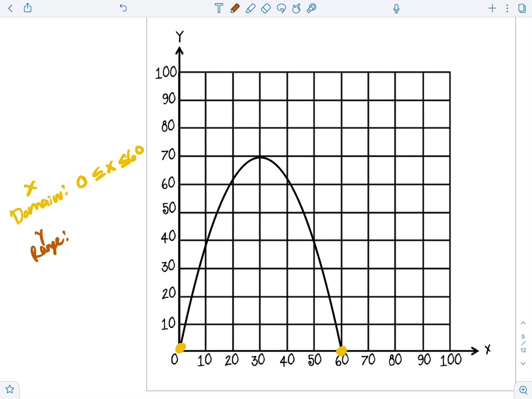Don't forget, we have to start here at the vertex. And since all y values are below this point, we know that we have y that's going to be less than or equal to 60. But we don't go any further than this 0 line right here. So actually, our range is going to be between 0 and I said 60, but I meant 70, guys. I apologize for that. All right. So our range y is in between 0 and 70.